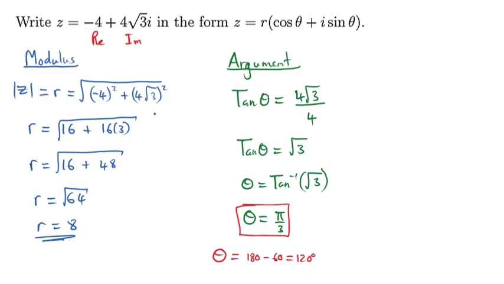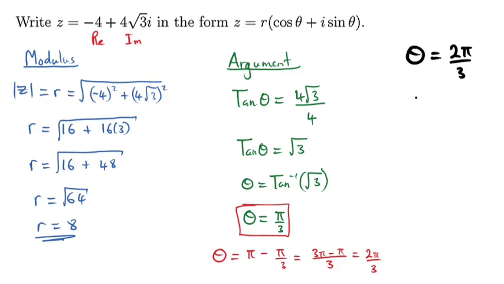Since we're using radians, let's just completely use radians. 180 in radians is π, and we're subtracting π/3. So this is 3π minus π over 3, which gives us 2π/3. All right, so there we have it. Our θ, which is the argument, is 2π/3.